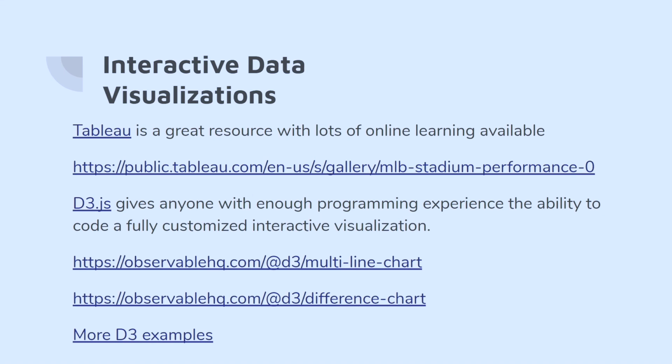If you're more of a coder, if you know JavaScript and want to really get into the nitty-gritty, there's something called D3, which is data-driven documents. That allows you to code interactive visualizations that can do almost anything you want, as long as you can figure out how to get the code to work.